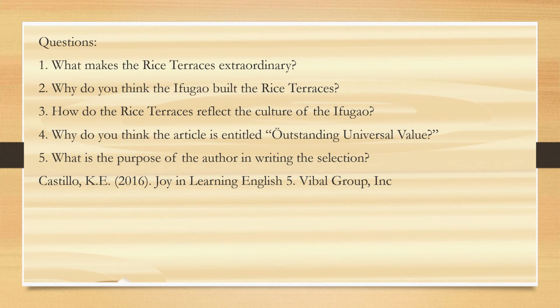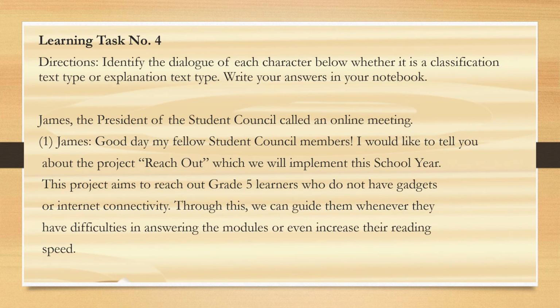So, here are the questions. Learning task number 4. Identify the dialogue of each character below, whether it is classification text type or explanation text type. Write your answers in your notebook.